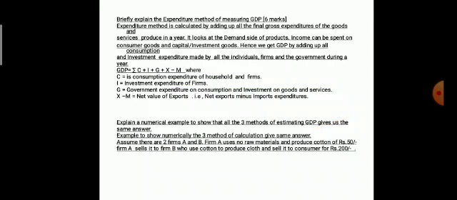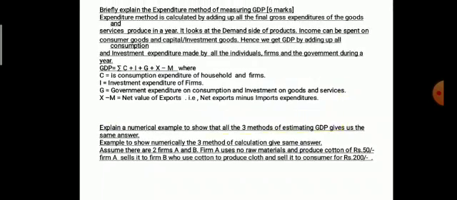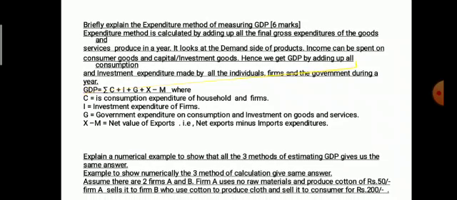Then we come to the last method, the expenditure method of measuring the GDP. You all please take screenshots. The expenditure method is calculated by adding up all the final gross expenditures on the goods and services produced in a year. It looks at the demand side.